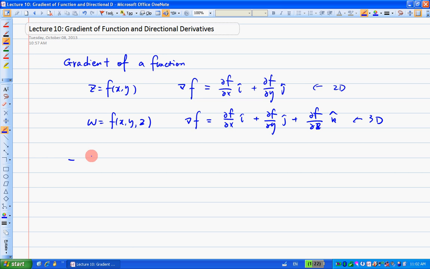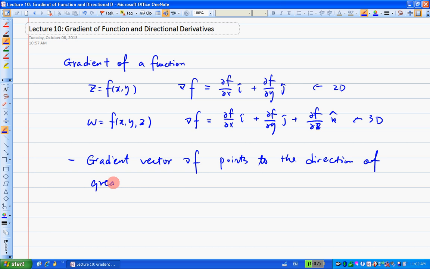So number one is, the gradient vector, del f, this vector points to the direction of greatest increase of function f.